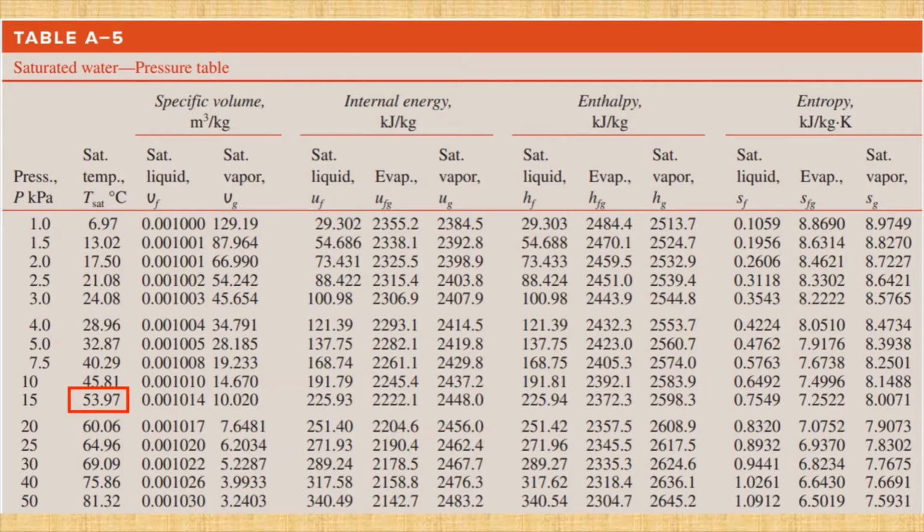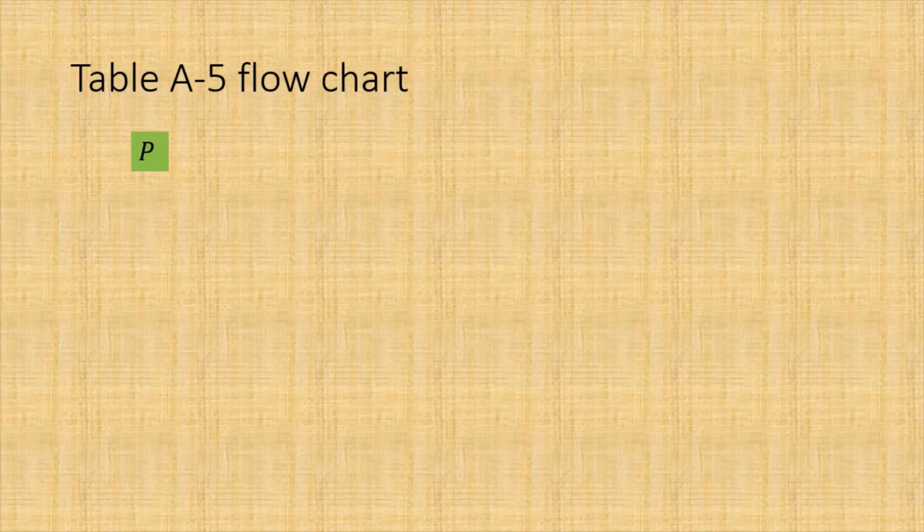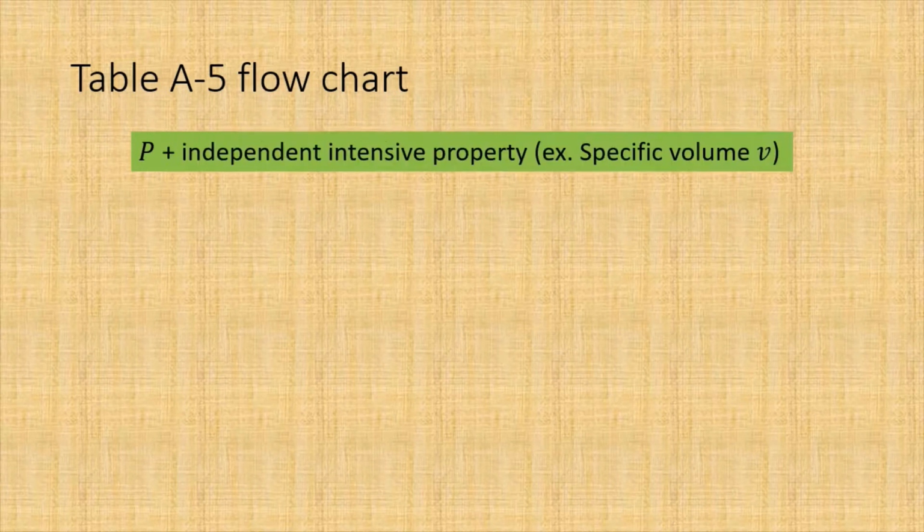Each row also contains the specific property values for saturated liquid and vapor, namely the specific volume Vf and Vg, specific internal energy Uf, Ug, Ufg, specific enthalpy Hf, Hg, Hfg, and specific entropy Sf, Sg, Sfg. If we are given the pressure and one more independent intensive property, for example specific volume, we can go to table A5 and look across the row containing the given pressure.